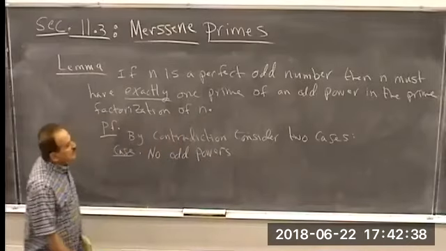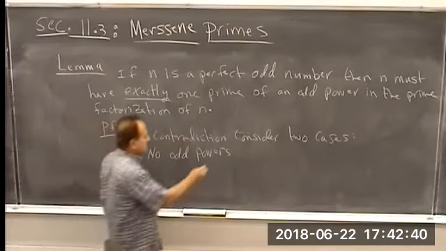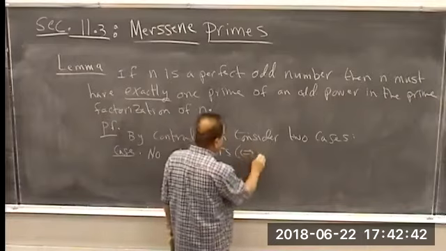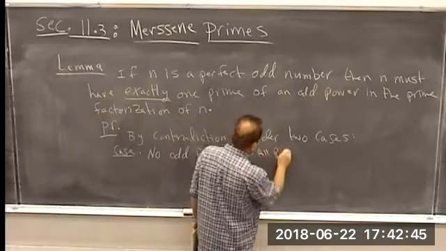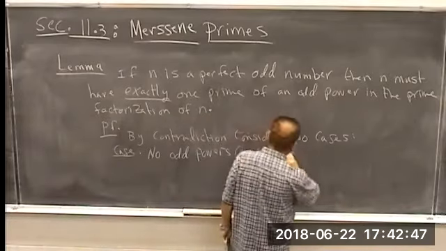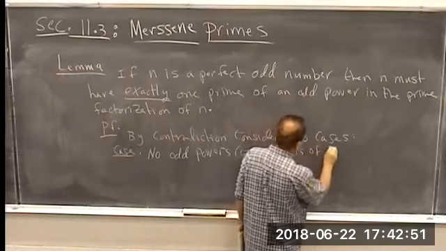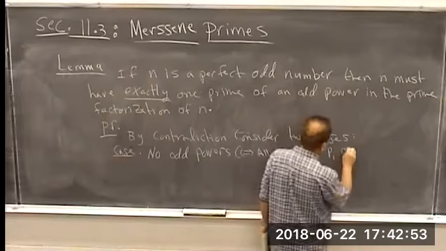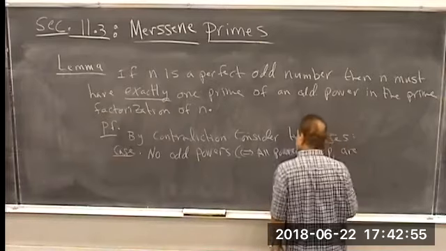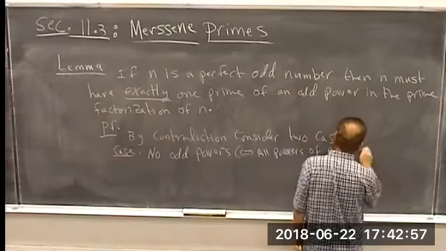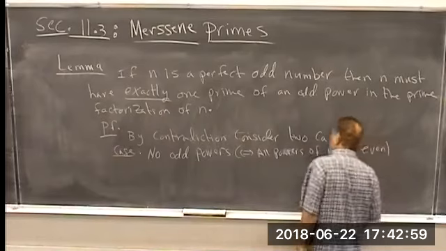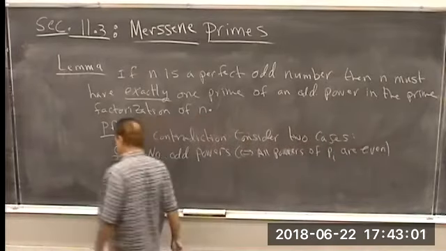This is equivalent to all powers of p sub i being even. In the second case, there is more than one odd one.